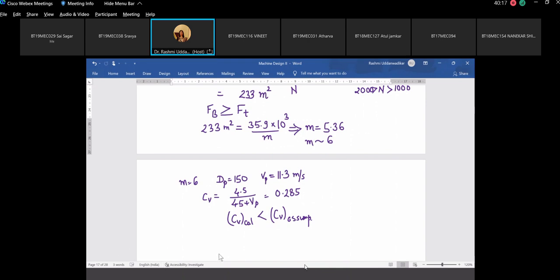Now let us check the value of FB as per the calculation. So your FB, which we have equated equal to FT, which is 35.9 into 10 cube by M. Use this, or better, use 233 into M square.